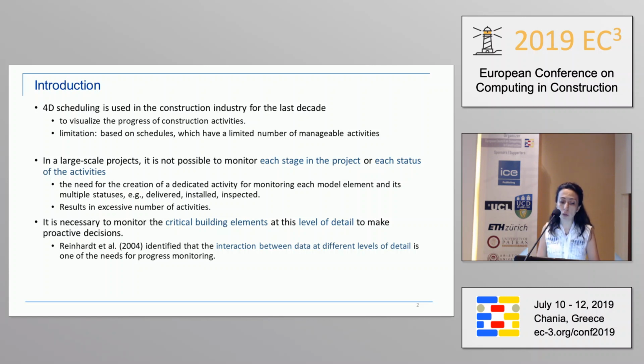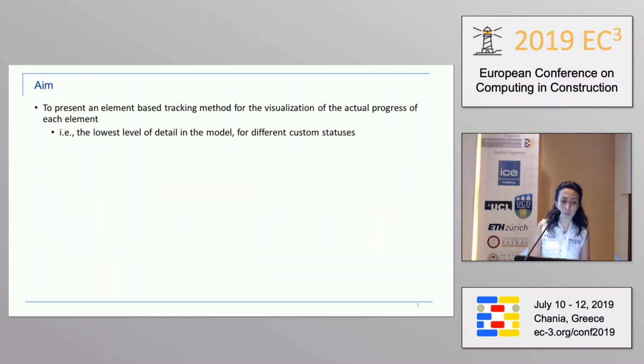You need to at least track the critical building elements at this level of detail, because in some cases, to be able to install a component, you need to make sure that the predecessor of this component is installed or tested or commissioned. This was also highlighted by a previous study saying that the interaction between data at different levels of detail is one of the needs of progress monitoring.